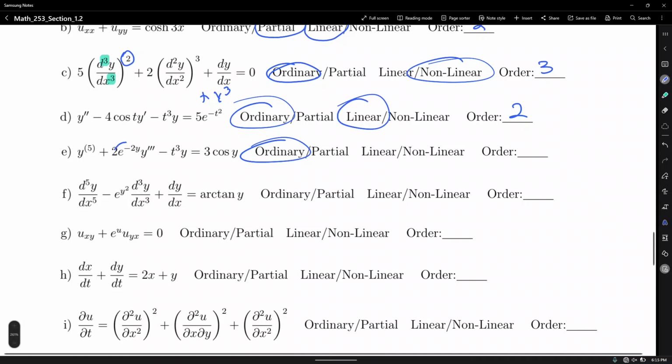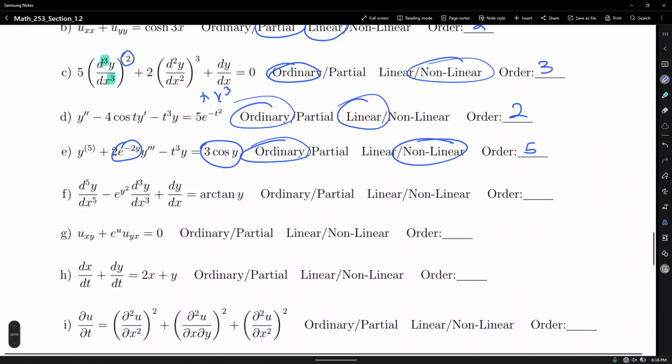But actually, this guy right here, the e to the negative 2y, makes it non-linear. What about the order? 5. Highest order, that's 5. All right? Yes. Does the 3 cosine y on the right side affect linearity? Also affects linearity because that's an elementary function other than linear that has a y, in this case cosine. It's not a linear function.